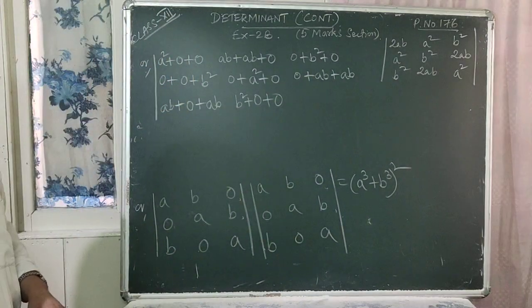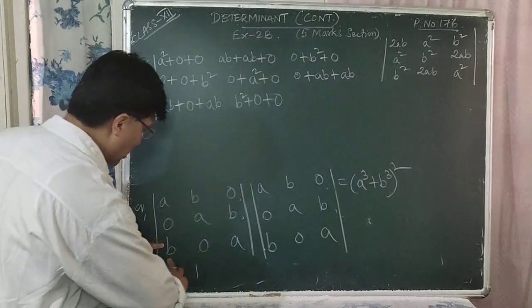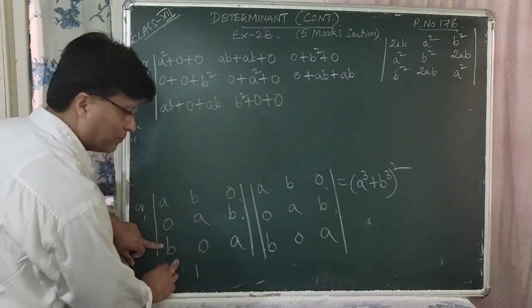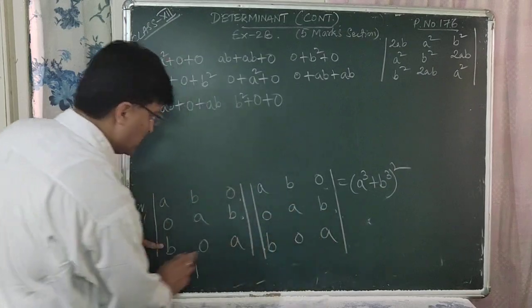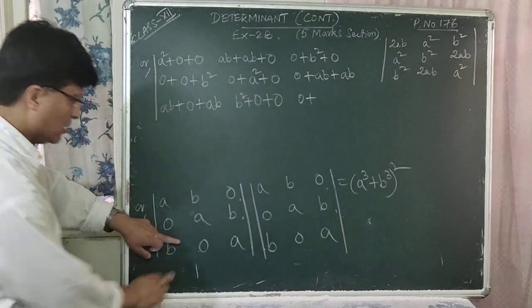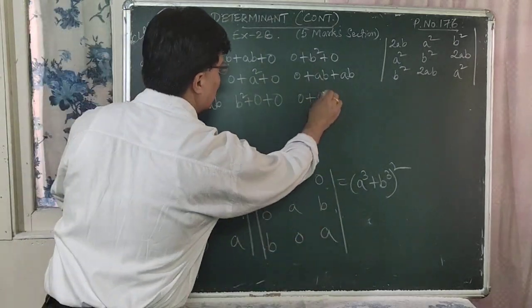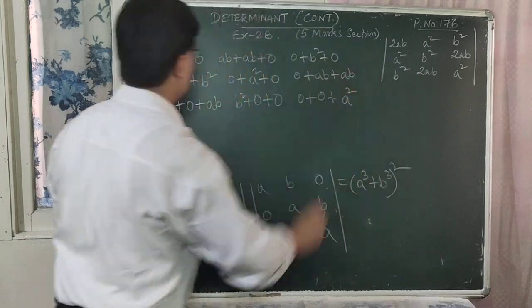This is the second element of the third row. Now next, this third row should be multiplied by third column. B into 0, 0 plus 0 into B, 0 plus A into A, that is A square.